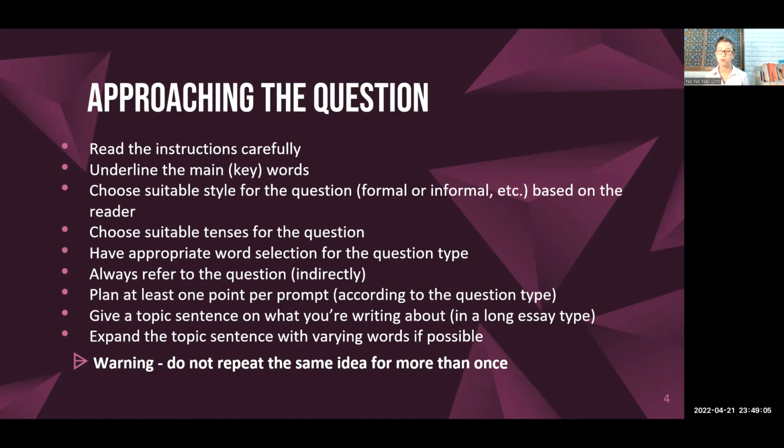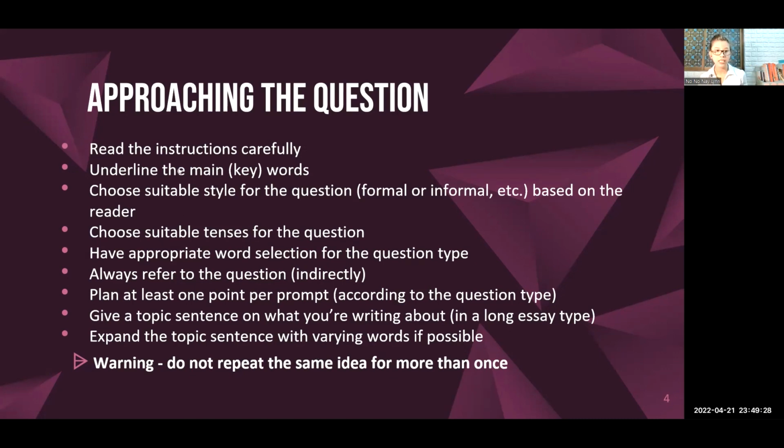You don't have to say it a second time. If you want to expand it, just expand it, but make sure it's not the same idea for the second time. This is the very important warning, and most students try to do this and get complicated and misinterpreted.